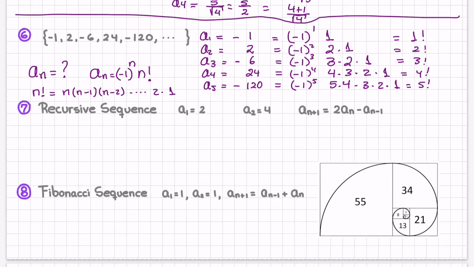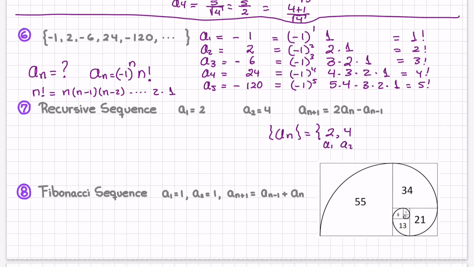You see? The term a(n+1) is given in terms of a(n) and a(n-1). So if we want to display a list of numbers, what is a(n)? Well, a1 is 2, that's given. And a2 is 4, that's given.